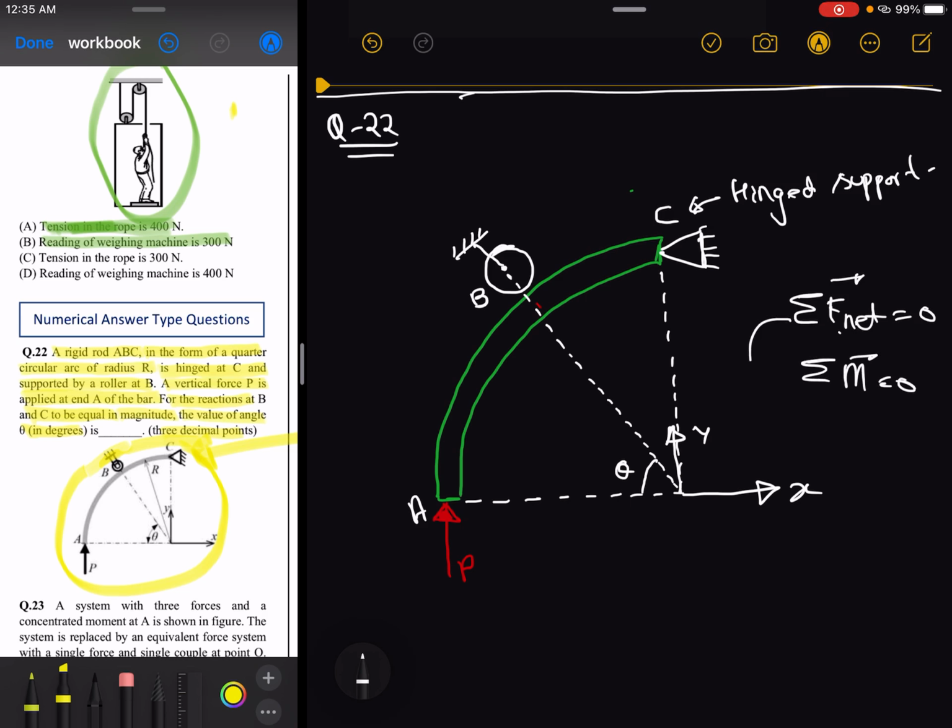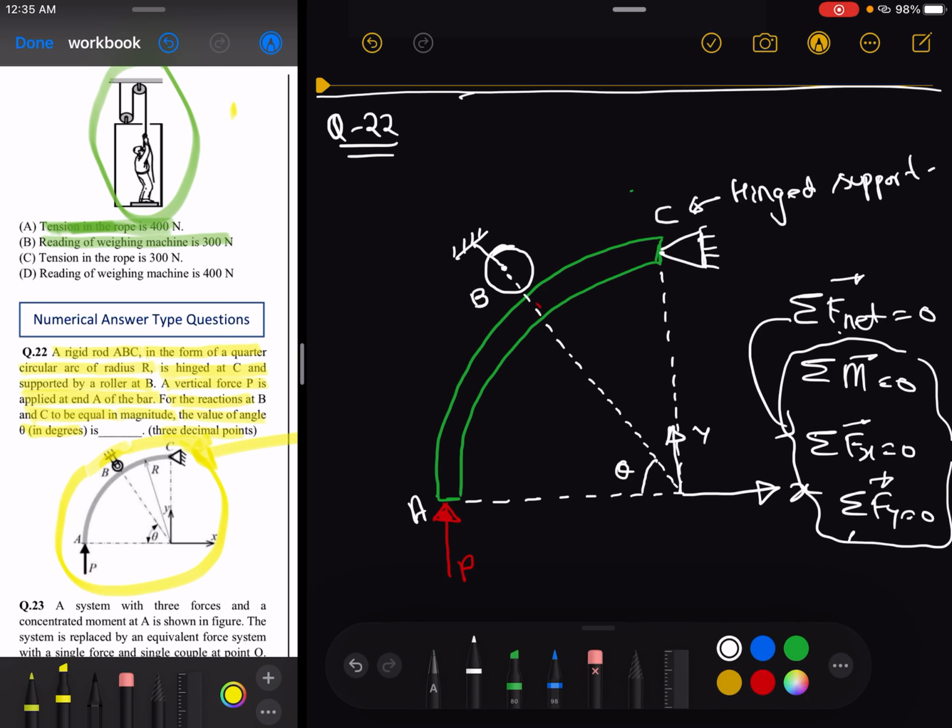So in case of rigid body, the net force along the x-axis should be 0, along the y-axis should be 0. So these are the three equations, right? Because this body is lying in xy plane, so I am not considering the force along the z direction. In equilibrium, the force along the z direction should also be 0, but I am not mentioning that Fz should be 0 because this is the 2D structure given in the problem. Clear? So using these equations, we have to find this angle theta.